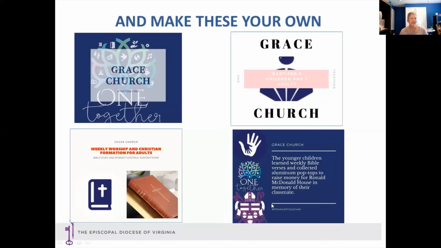There's also plenty of space for text. Maybe the text is a quote from a person whose picture you've used. Maybe you're including information about all the kids who have learned their memory verses over the summer. The space is yours to tell the story the way that works best for you.